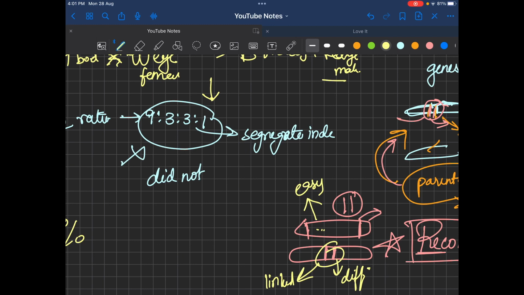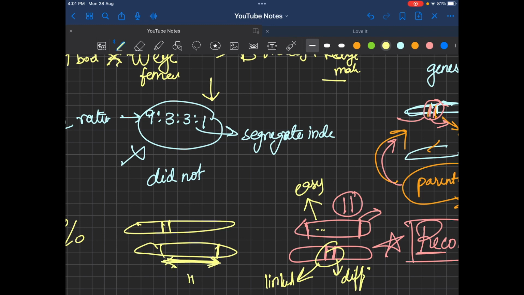He told that if the genes are close, their recombination will be very less. When they are far, there will be more recombination. That is, the distance will be equivalent to the recombination ratio. That is how they mapped their positions on the chromosome.